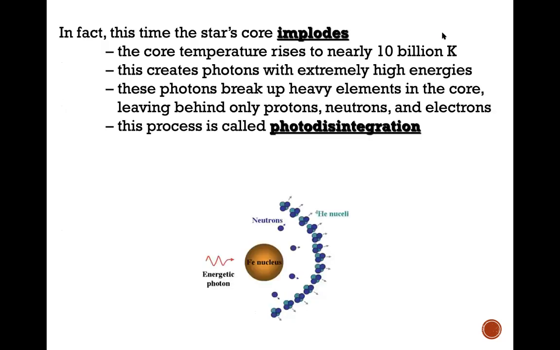Now, at the central region, what will happen here is the star's core will implode. Implode means that you have an explosion towards the inner region, right? This is because of this very high temperature and higher masses involved in this process.